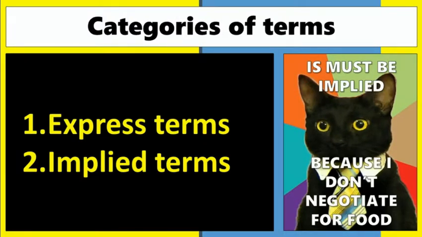There are many different ways of classifying terms, usually in terms of their effect or the consequences of breach for those. However, in this recording, we're not concerned about those aspects. Here, we are concerned about how those particular obligations end up getting into the contract itself.